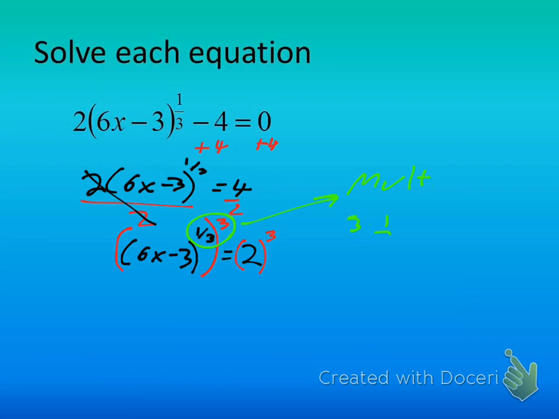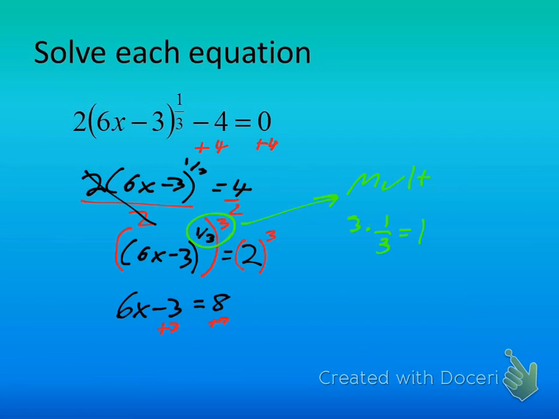And 3 times 1/3 is 1. That's the goal. Okay? So your left-hand side becomes 6x minus 3. Your right-hand side becomes what? 8.